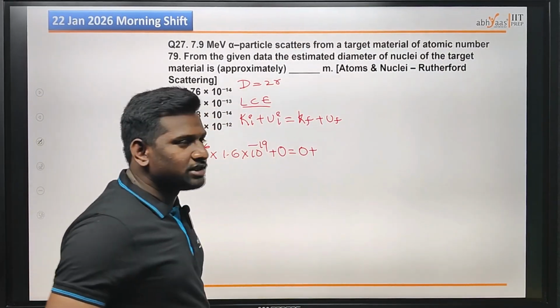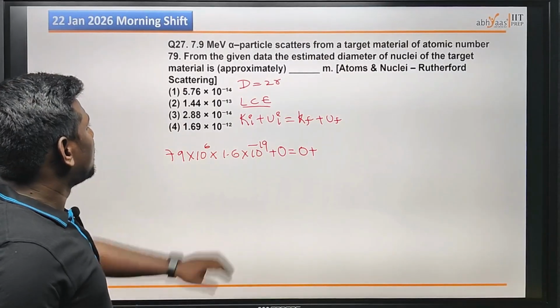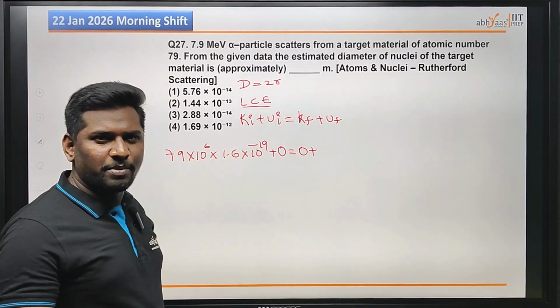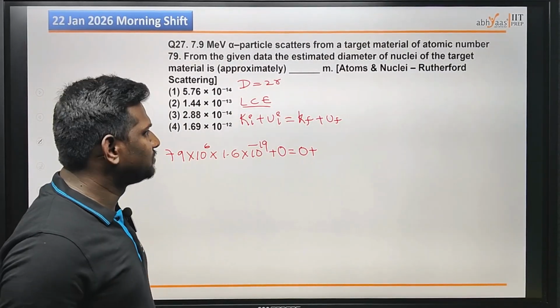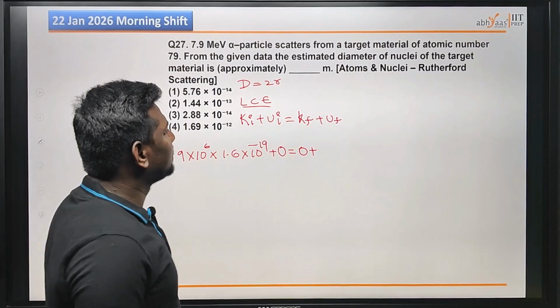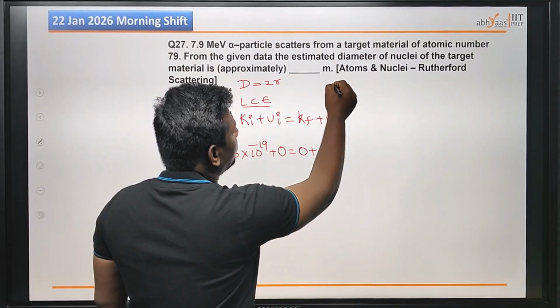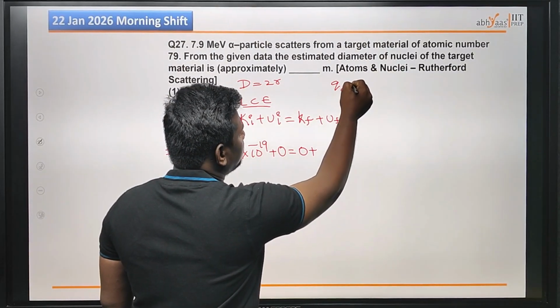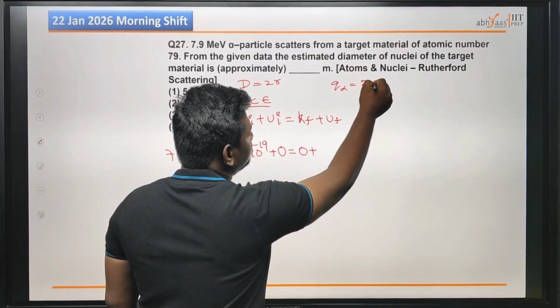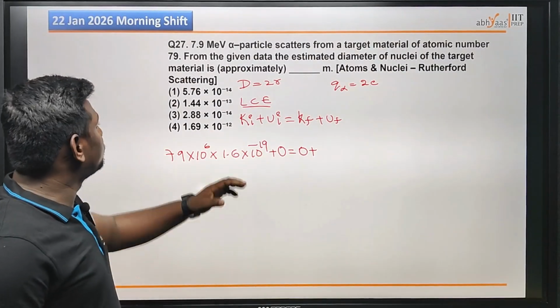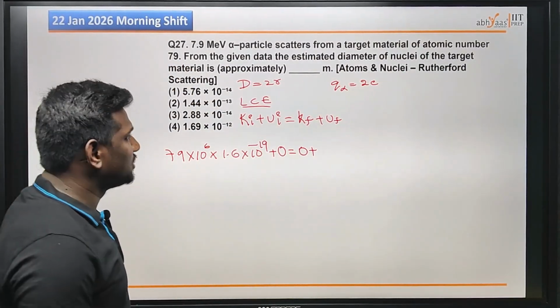So potential energy, we know that. Alpha particle is He plus 2. So what is the charge for alpha particle? 2e. What is the charge for the other atom?